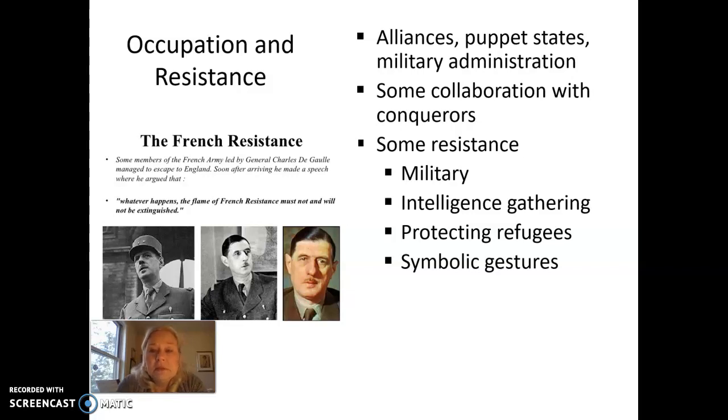But the resistance would involve things like military resistance, small scale and even large scale attacks against the Axis, who seemed to be in control for the early part of the war.